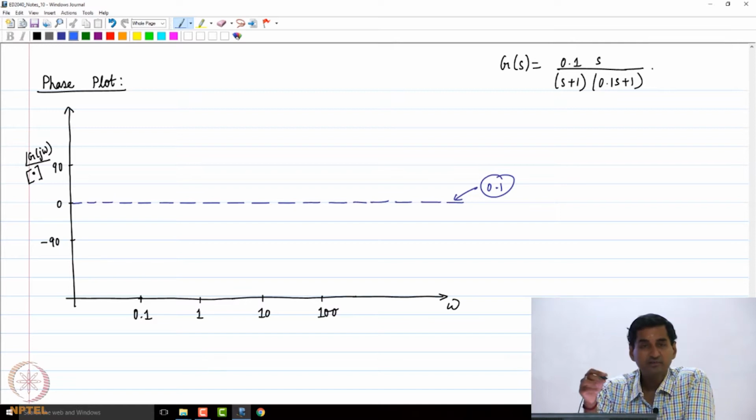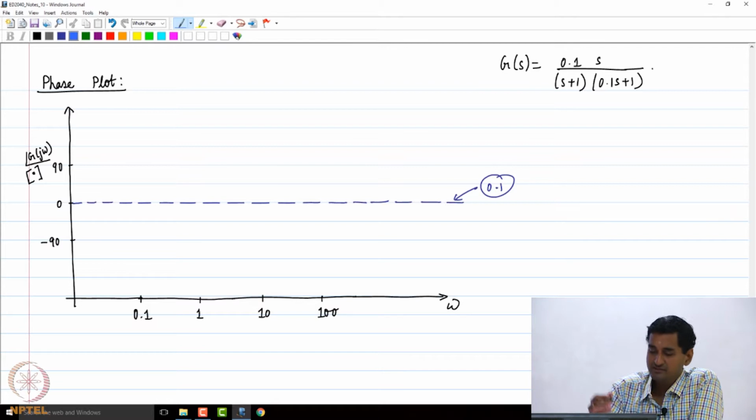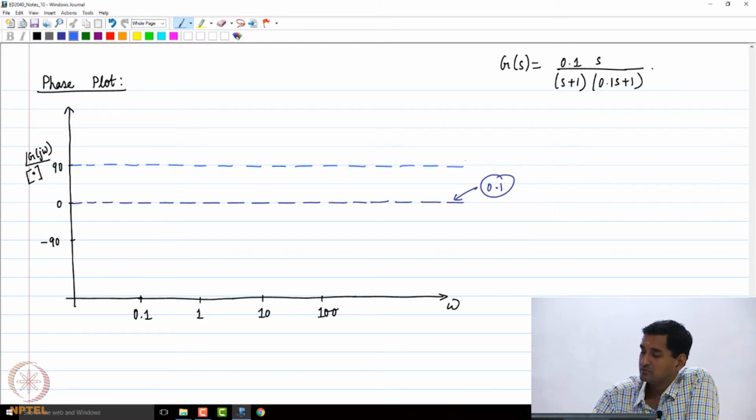What is going to be the contribution from s? Plus 90, alright. So that is going to be the same throughout the frequency range. So this is the phase contribution of s.